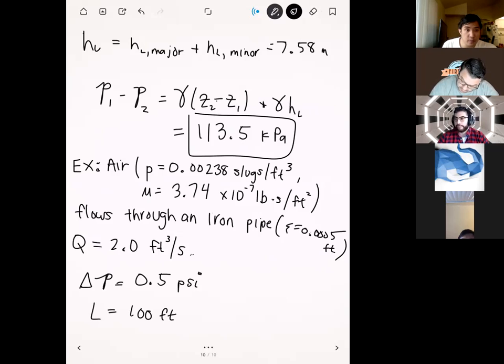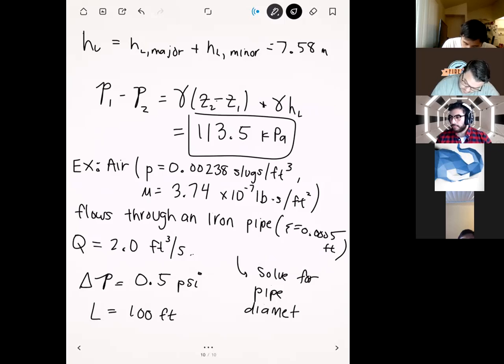Given all this information, what we need to solve for is the pipe diameter. In this problem, we're going to assume that we don't have any minor losses, so we're just going to consider the major losses.